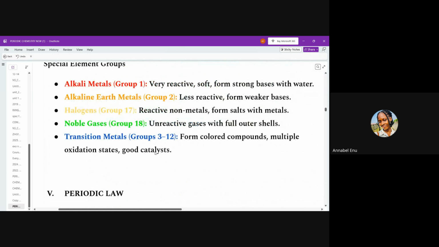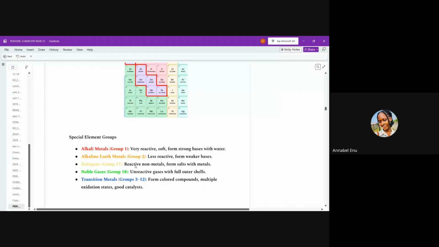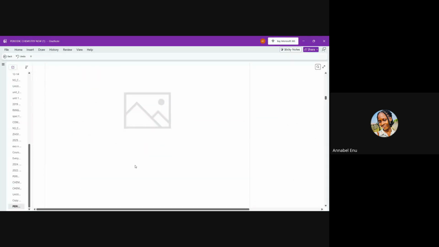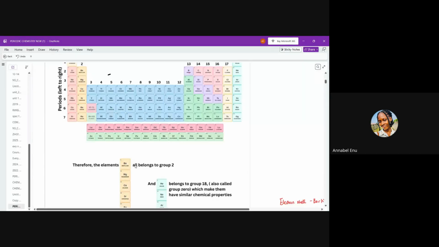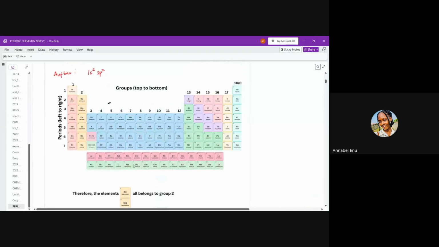By the way, before we go there, based on what we have looked at in the Aufbau principle, group 1 and group 2, their electronic configuration always ends with an s. Just as we did with sodium now, it ends in what? A 3s, right? So it will end with an s. So we can now say that group 1 and 2 are the s block.